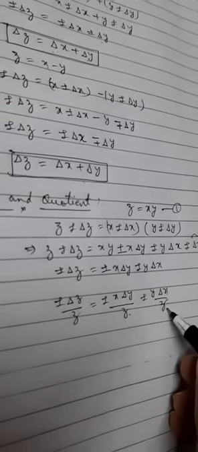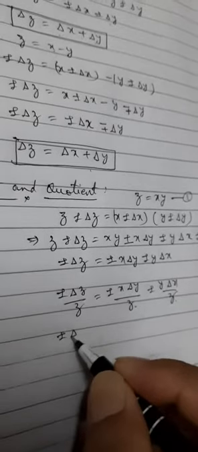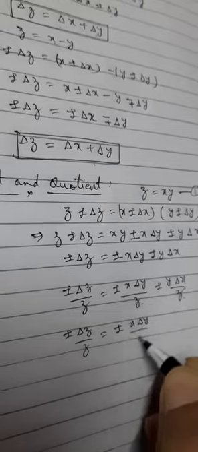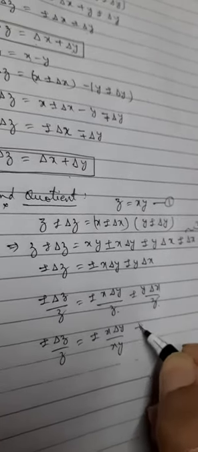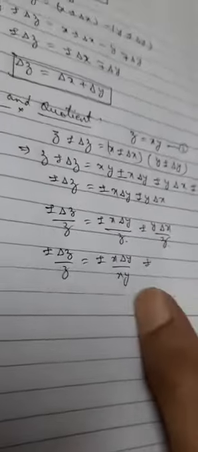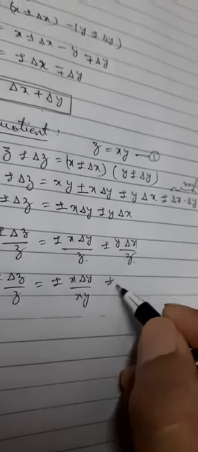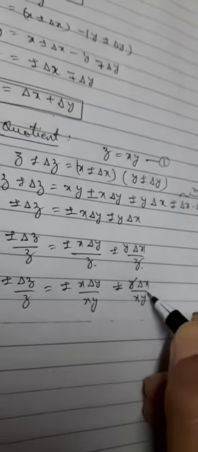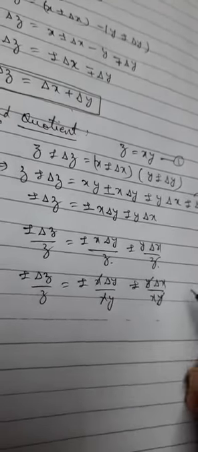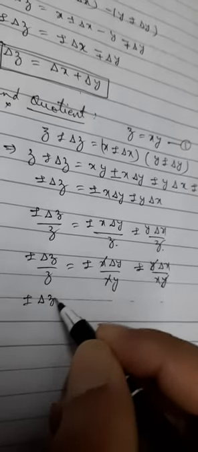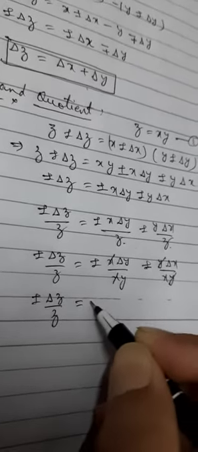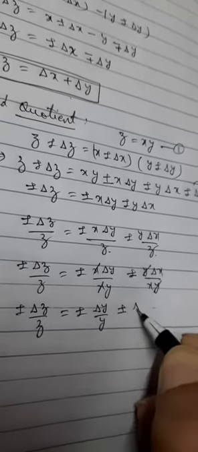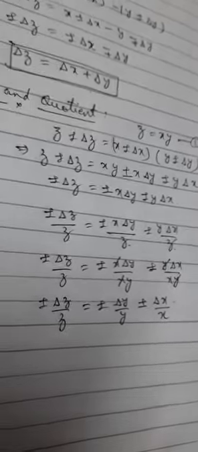So plus minus delta z by z is equal to plus minus x delta y upon xy plus minus y delta x upon xy. Here y is cancelled, here x is cancelled. So it will come plus minus delta z by z is equal to plus minus delta y upon y and plus minus delta x upon x.